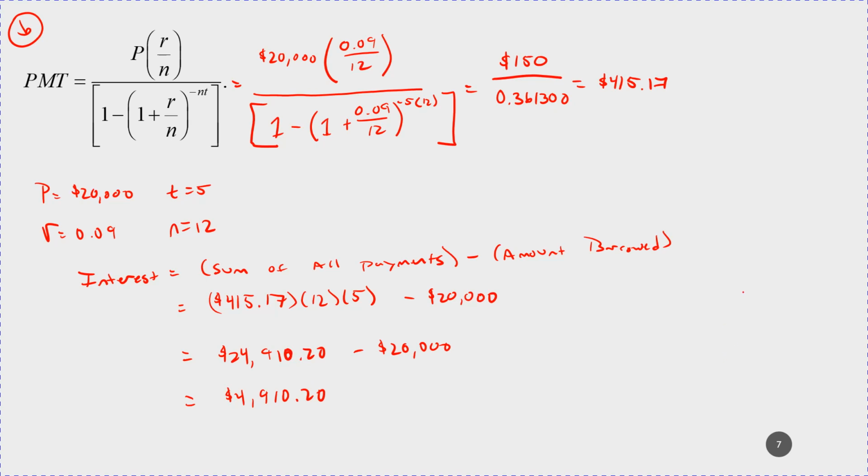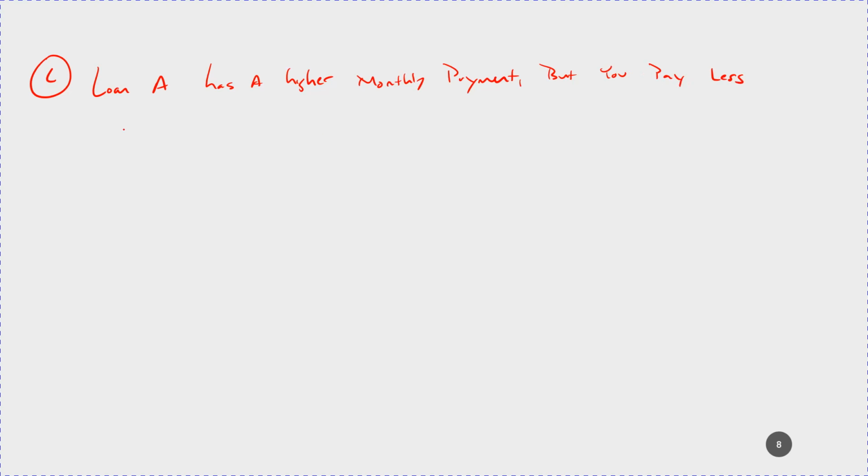All right, so how would you compare the two here? Okay. So look, loan A has a higher monthly payment, but you pay less interest. Okay.